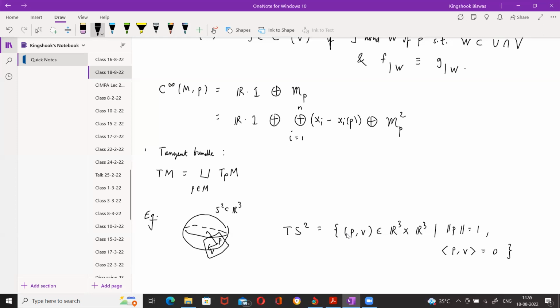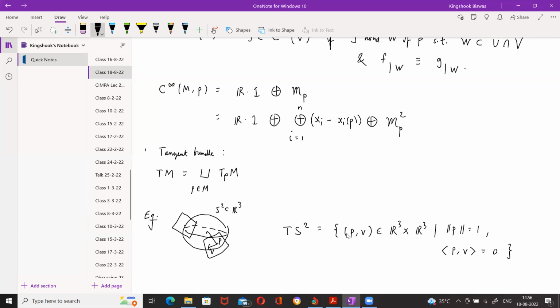Yes. So this would be the tangent bundle, the union of these tangent planes. But you put it inside R3 cross R3 so that all of these tangent spaces become disjoint, right? These are all disjoint because they've got a different first coordinate.